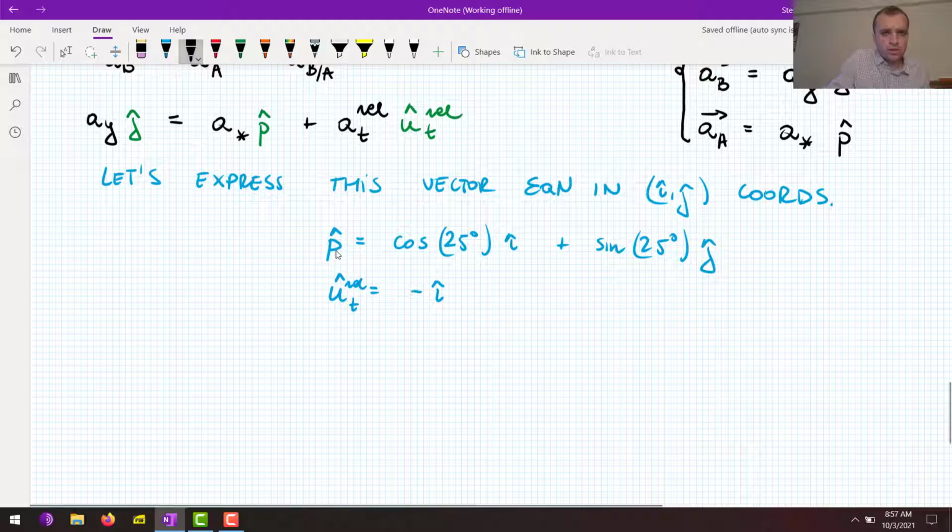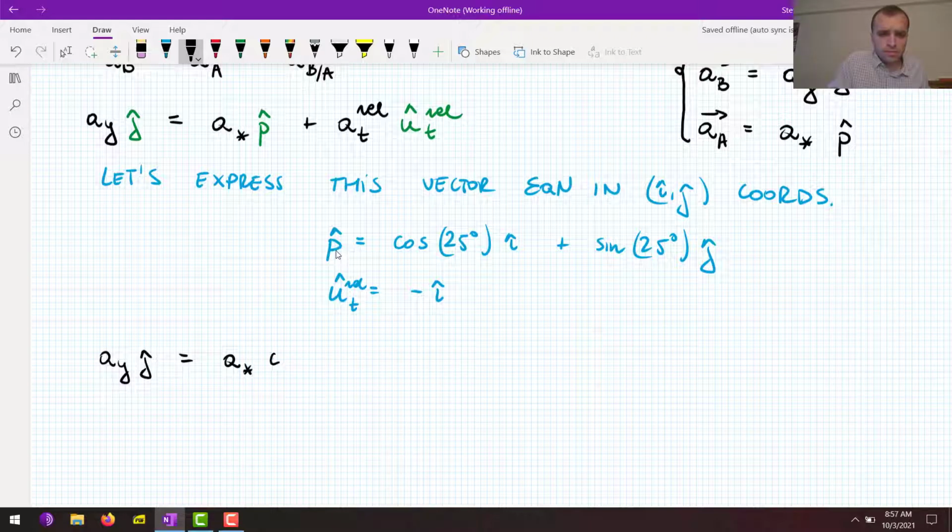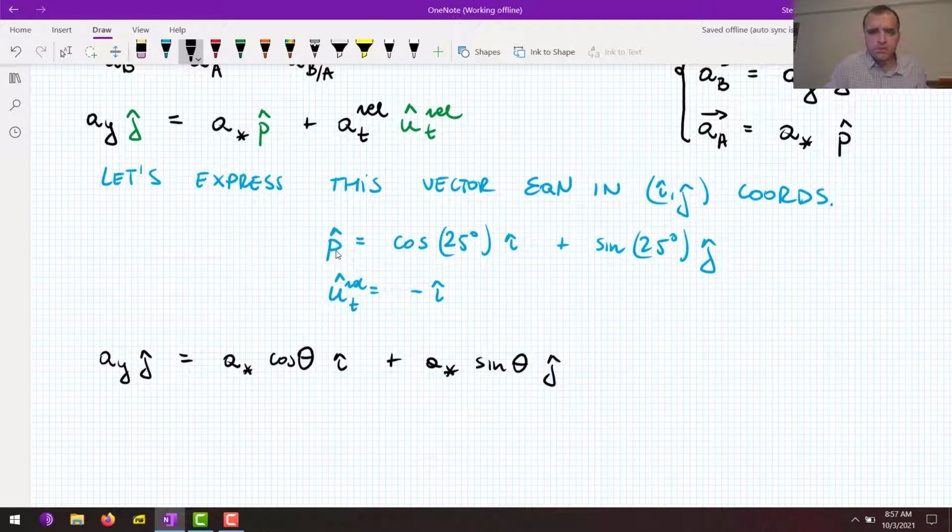So now let's do that. Ayj is equal to a star cosine theta I plus a star sine theta j minus atrel I. Okay, let's group our components.